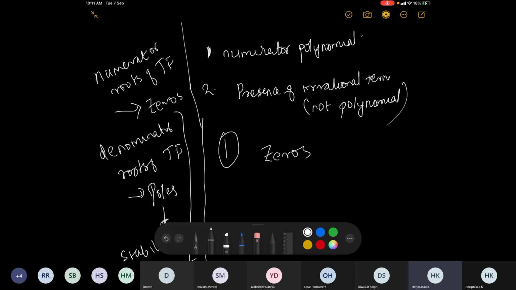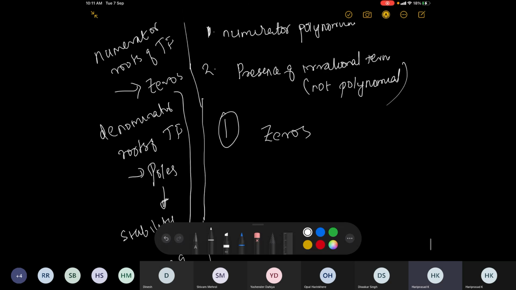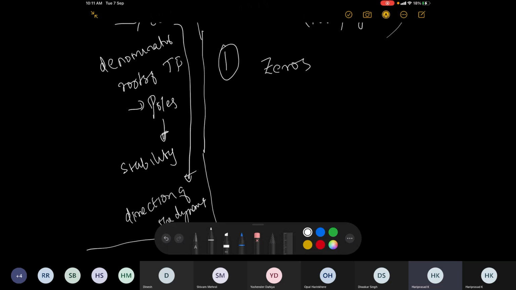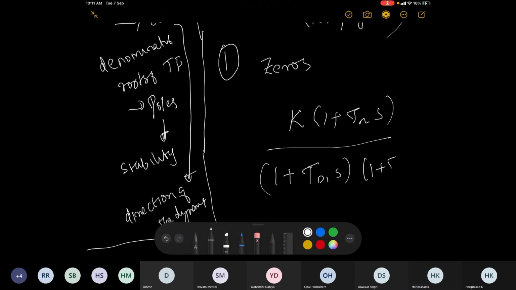One simple and typical example would be, let's consider a simple second order system, okay? Overdamped kind of, okay? So K into 1 plus, let's say, tau numerator s divided by 1 plus tau d1 s into 1 plus tau d2 s.